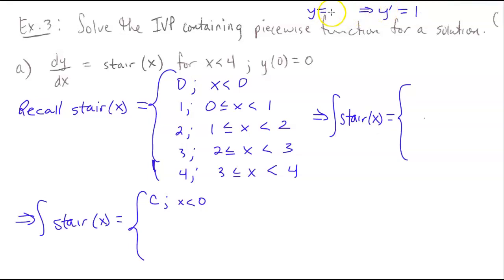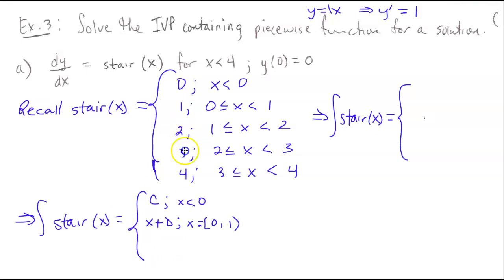Well, we know that the derivative of x, or to be more explicit, 1x, is just 1. So here, if I want to figure out where the derivative of this came from, well, it came from that function. So here, I'll know that this would be 1x, or just x, plus some other constant, and I'm just going to call it d. And this is going to be valid for values of x in between 0 and 1, excluding 1. And I'm just going to write it here in interval notation just to save some time and space.